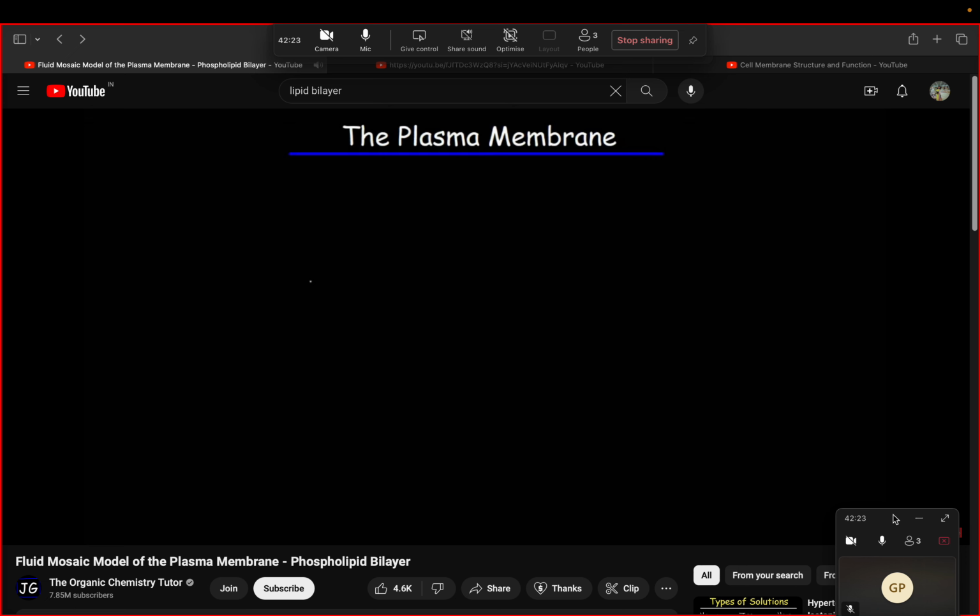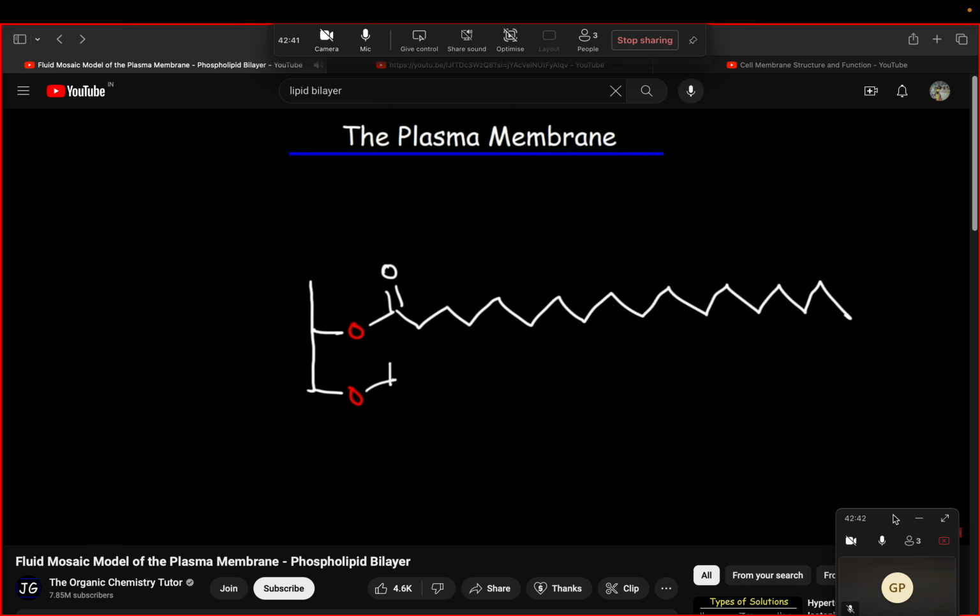Now let's talk about the structure of the phospholipid. So the phospholipid, as we said before, is made up of a glycerol molecule. And it contains two fatty acid nonpolar tails.